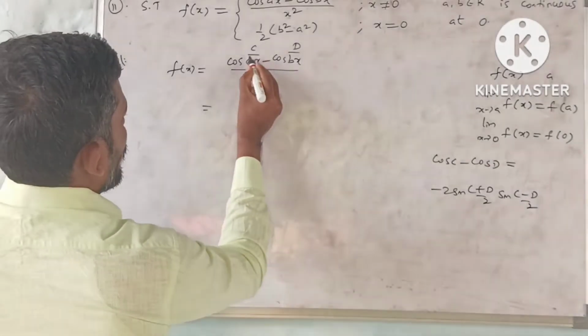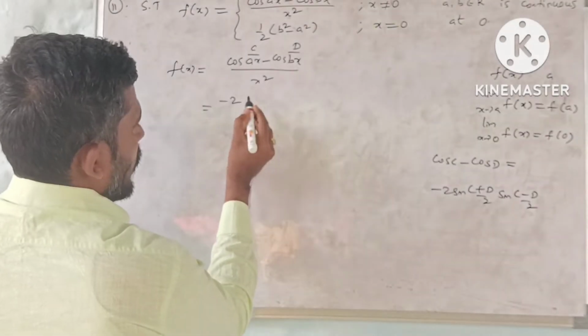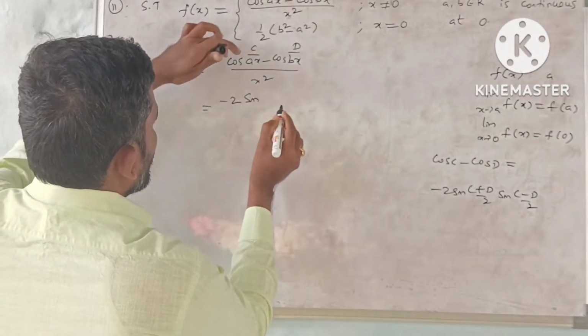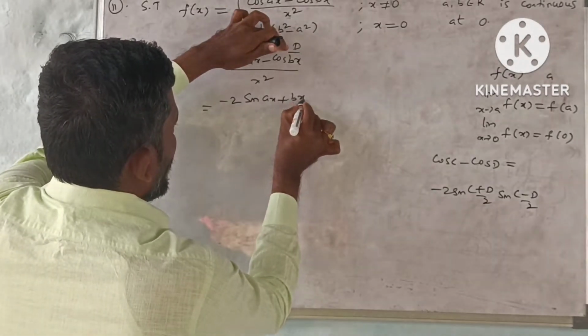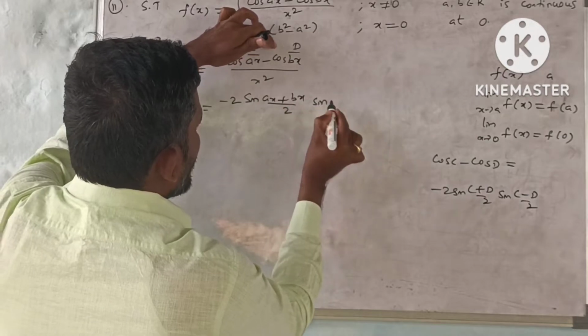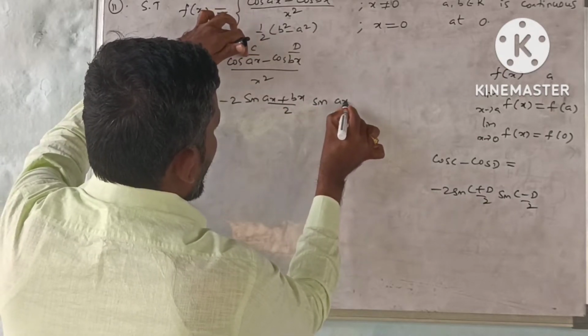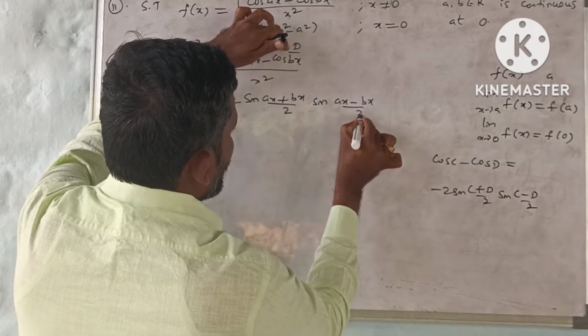So here c I am taking, and this is d. Substituting, minus 2 sin of (ax plus bx) by 2, and sin of (ax minus bx) by 2.